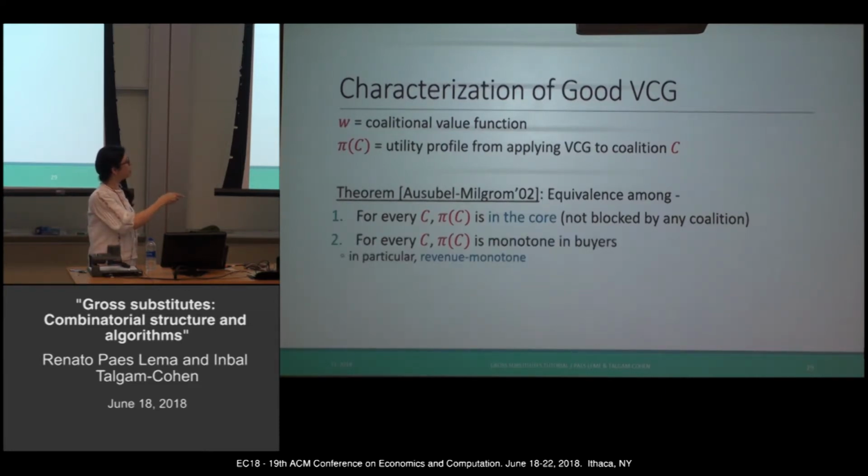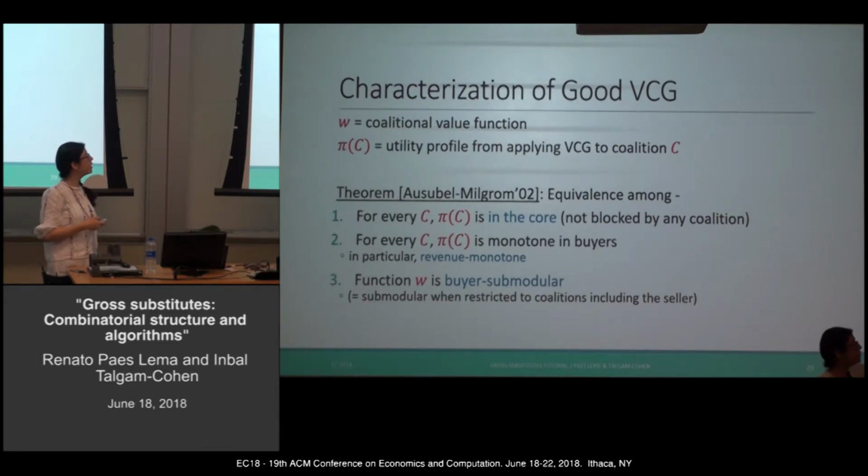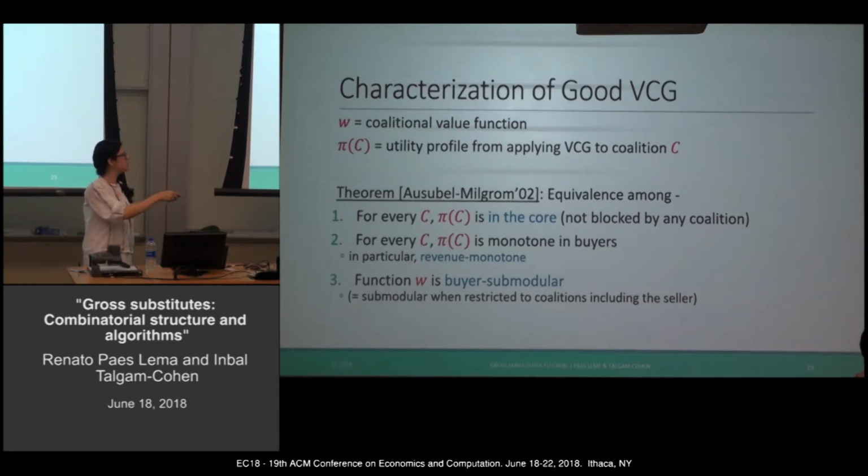For every coalition, this outcome is monotone in the buyers. And if the utilities are monotone, this includes the seller's utility, which is the revenue. So it's revenue monotone, which is good. And these two properties are equivalent to having this coalitional value function be buyer submodular. And buyer submodular just means submodular when restricted to coalitions including the seller. So for whatever points there are where the function doesn't give you 0, it's submodular on this.